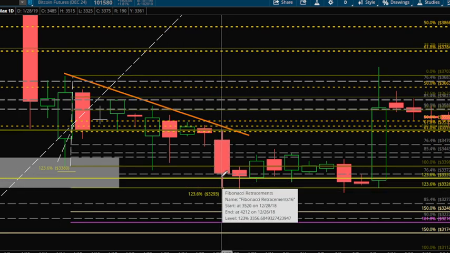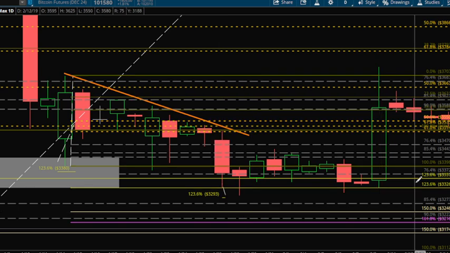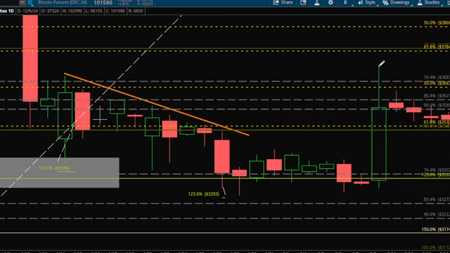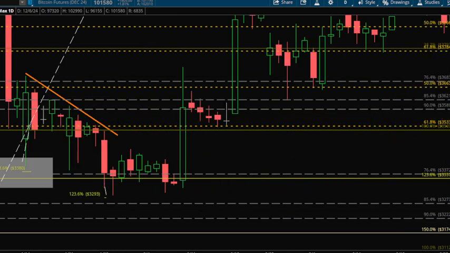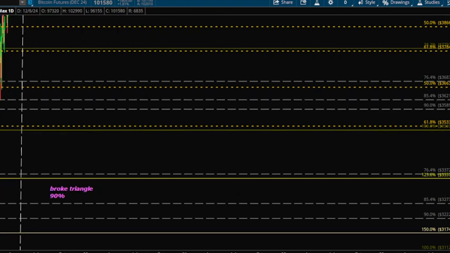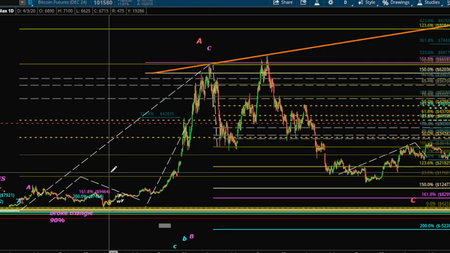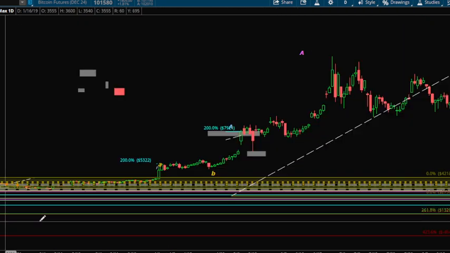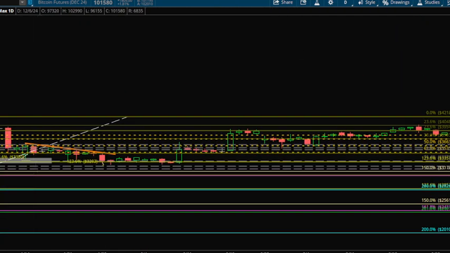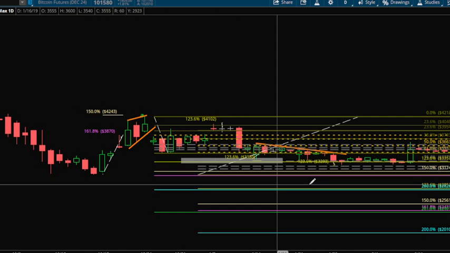So this gives me a target that maybe now we can start to look for a reversal, and I'm going to get rid of that, and now maybe get this back into picture here. Lost track here.